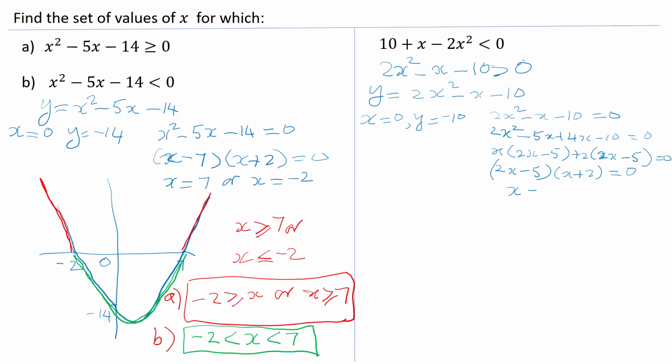So x equals 5 over 2 or x equals negative 2. Now sketch a graph. x equals 0, y equals minus 10, and y equals 0, x equals negative 2 and 5 over 2.